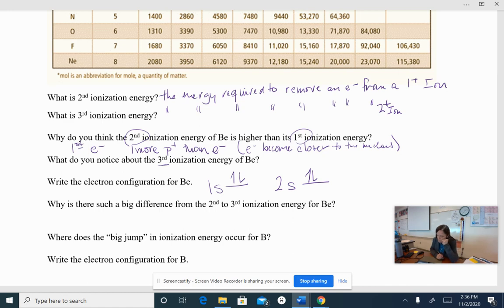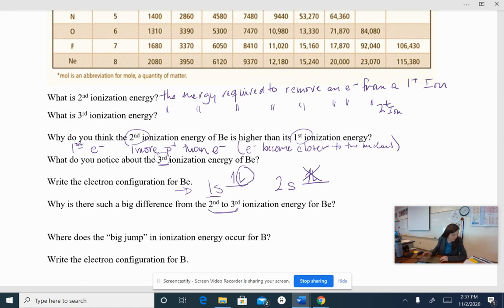For that third ionization energy, we've already taken these 2 electrons off. We are now working on taking this electron off. Notice what's different about that third electron. That third electron is coming from an inner shell. That inner shell is even closer to the nucleus. That's why there's such a big difference between the second and the third. We have now gone to an inner shell.